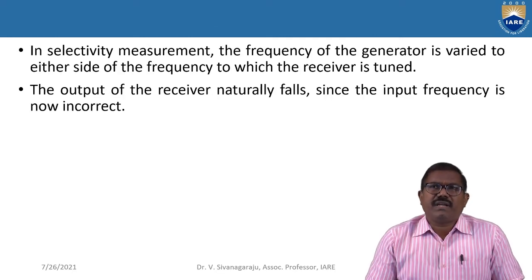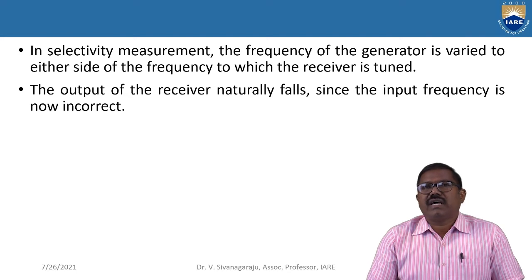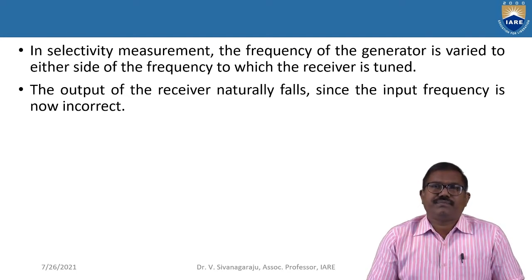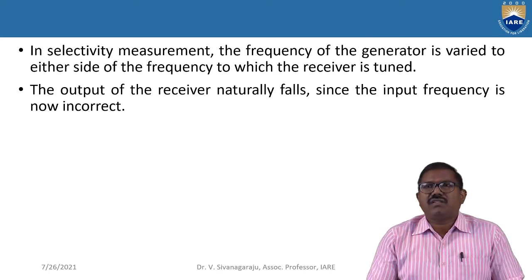In selectivity measurement, the frequency of the generator is varied to either side of the frequency to which the receiver is tuned. The output of the receiver naturally falls since the input frequency is now incorrect.